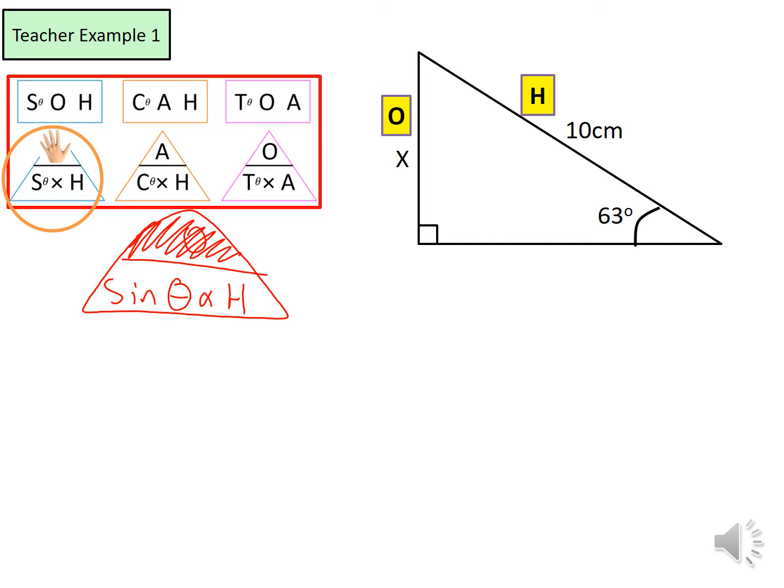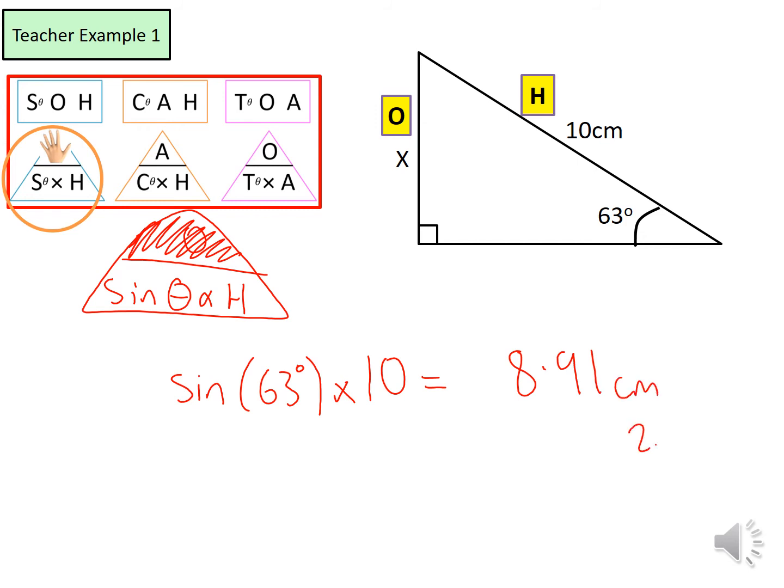So what we need to write down is sine of the angle, 63 degrees, times my hypotenuse. Therefore, this answer should give me 8.91 centimeters to 2 decimal places. That's simple, guys.